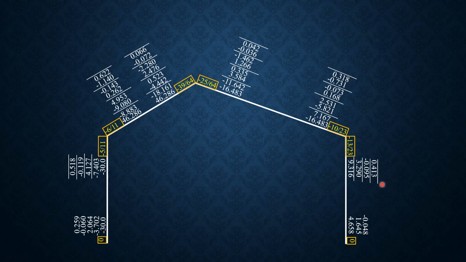Then 0 here, half of 0.413, 0.206. 0.033 times negative 6 over 11, negative 0.018 lakh. 0.033 times negative 5 over 11, negative 0.015 lakh. Quantity 0.311 plus 0.159 times negative 39 over 64, negative 0.286 lakh. Same quantity times negative 25 over 64, negative 0.184 lakh.